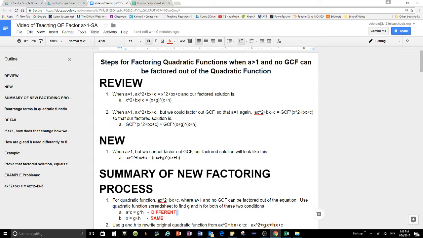So when we found a g times h that equaled the c value here, and a g plus h which equaled the b value here, we stuck that g and h in here, and we were done. So that's how you factor a quadratic function, which is a trinomial, into the product of two binomials. Okay?